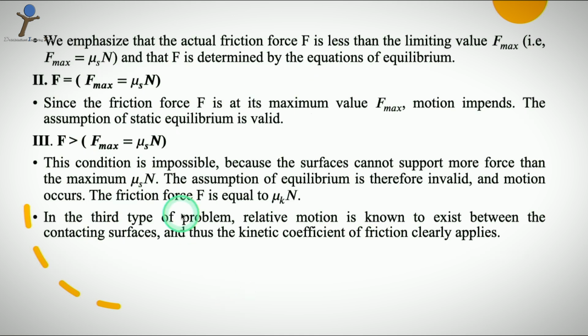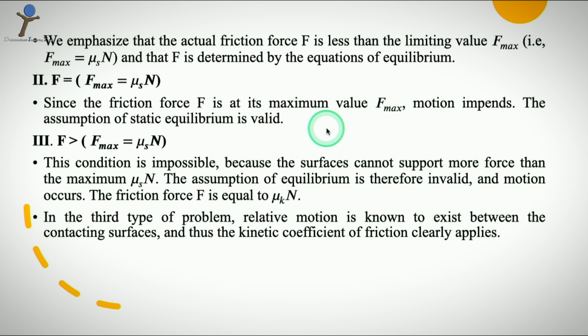So, we emphasize that the actual friction force F is less than the limiting value F max and that F is determined by the equations of equilibrium. The second condition is F is equal to F max. Since the friction force F is at its maximum value F max, motion impends.